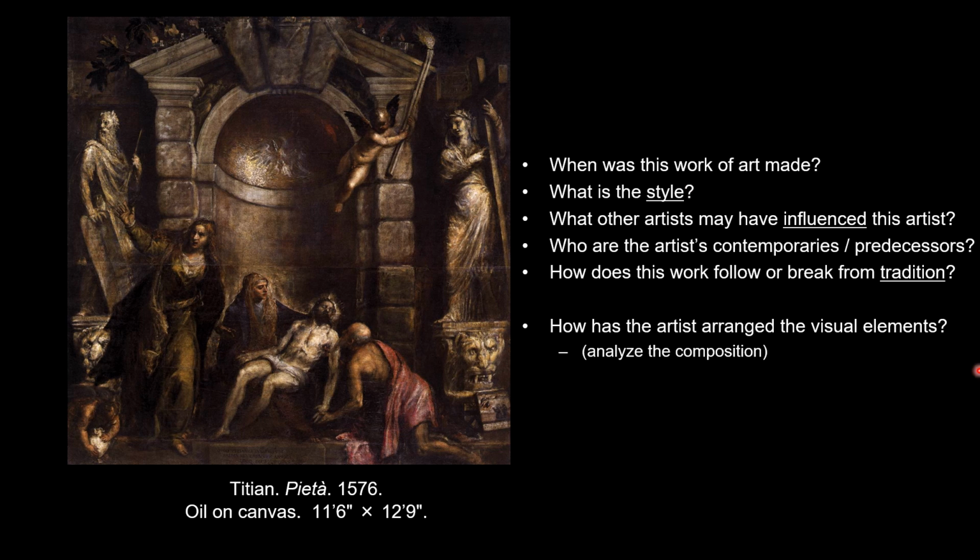So imagine you were writing a paper on Titian's Pietà, and you apply the formal theories. You compare it to other works of the late Renaissance and how it follows and breaks from tradition. So, looking at the subject of the piece, this is a biblical subject, a pietà.